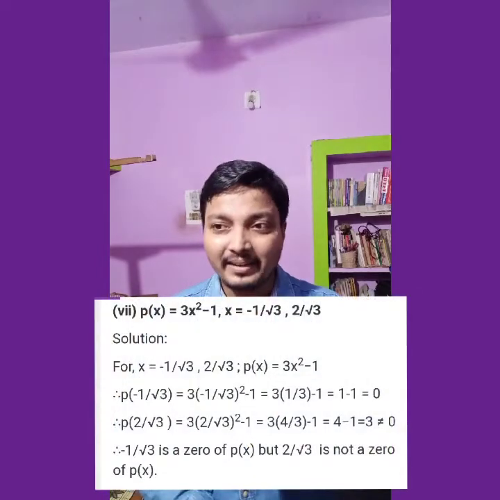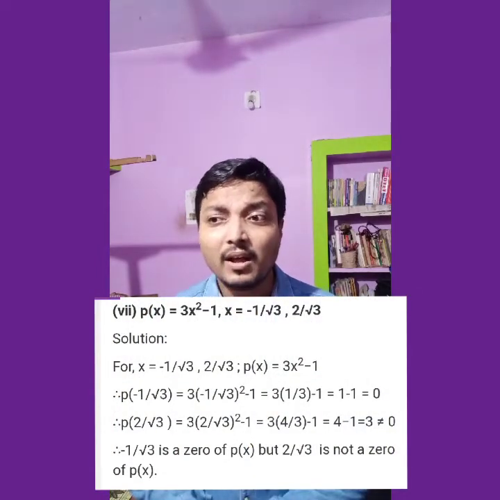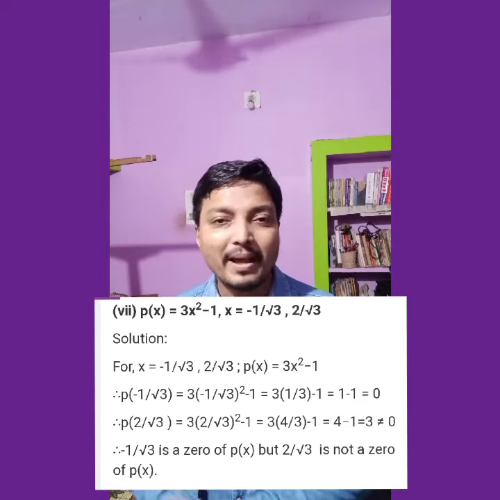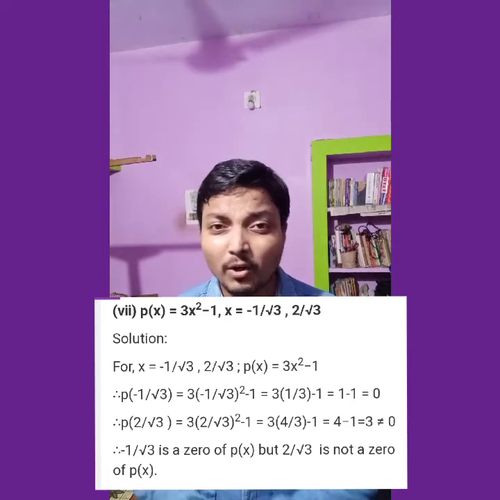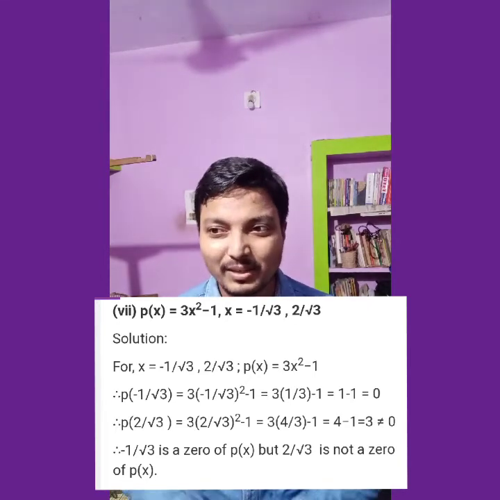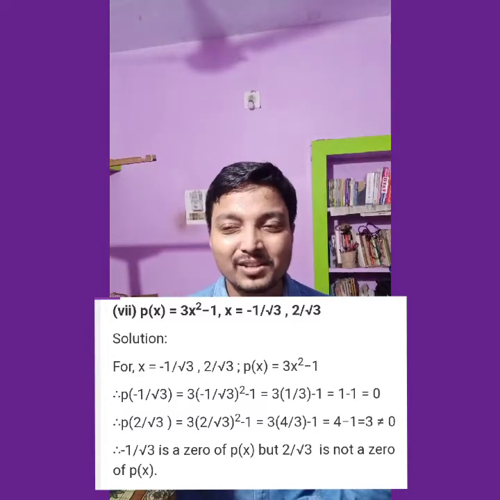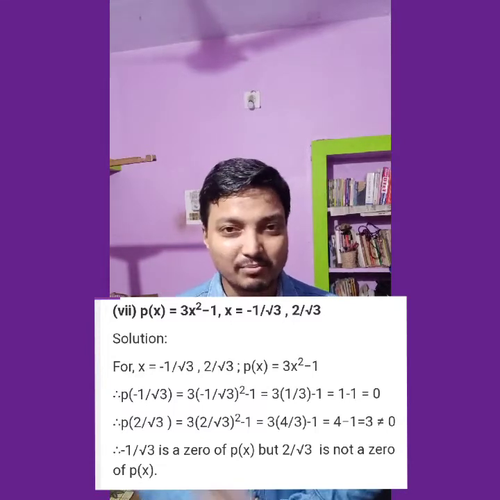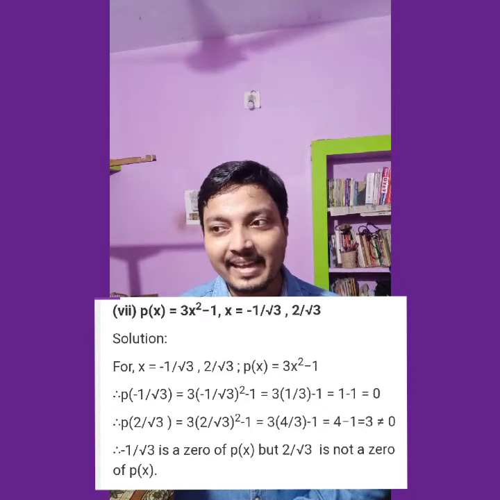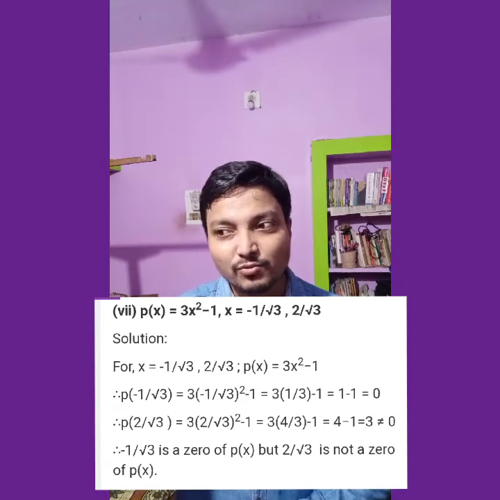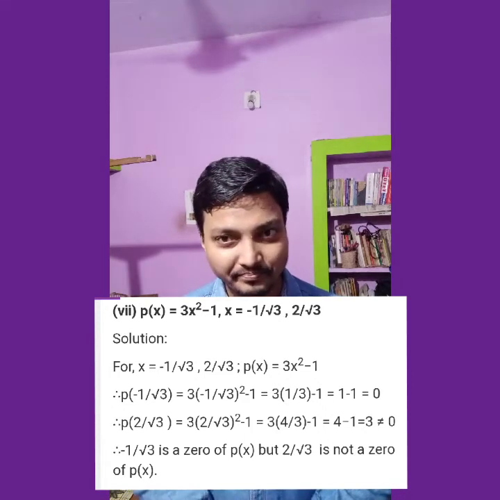Another question, it is VII question: how to check whether minus 1 by root 3 and 2 by root 3 are both the 0 of the polynomial or not. First I am checking P of minus 1 by root 3, which gives us 3x square, means 3 into minus 1 by root 3 square minus 1.